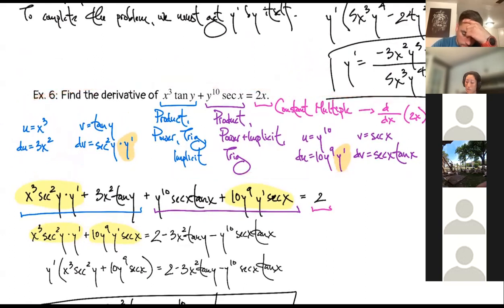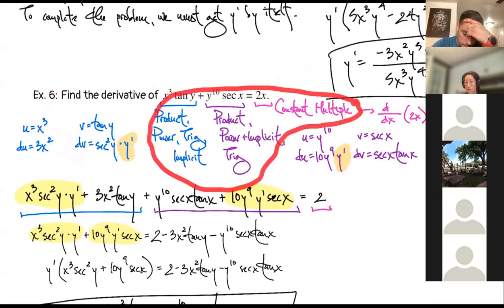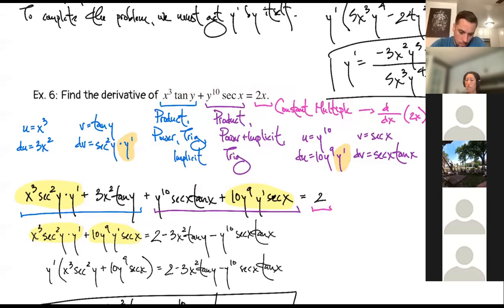So double checking the very first part we did will help minimize those mistakes. Make sure, did you use a product rule? Did you use your y primes? Did you use a quotient rule if you needed to?